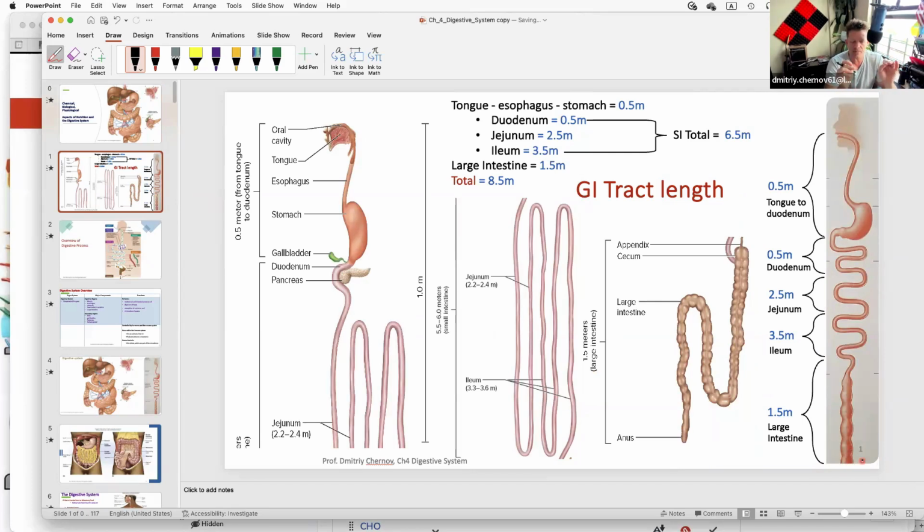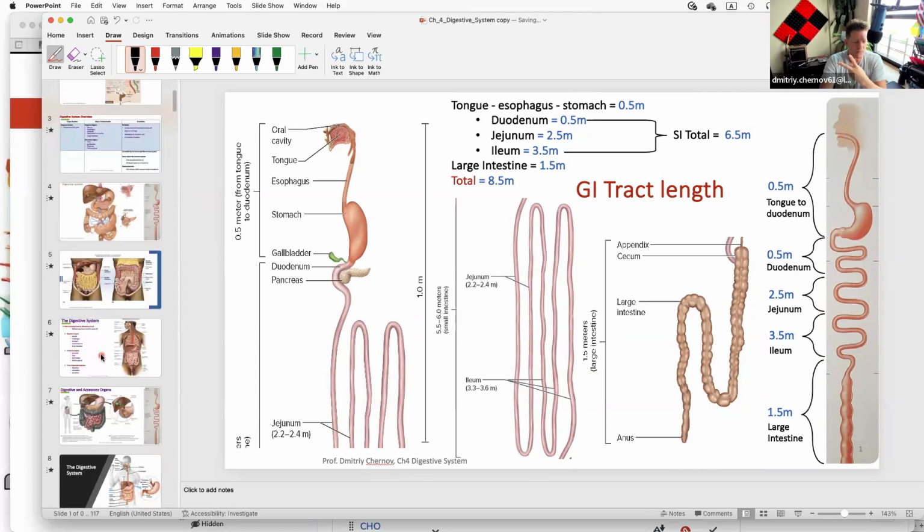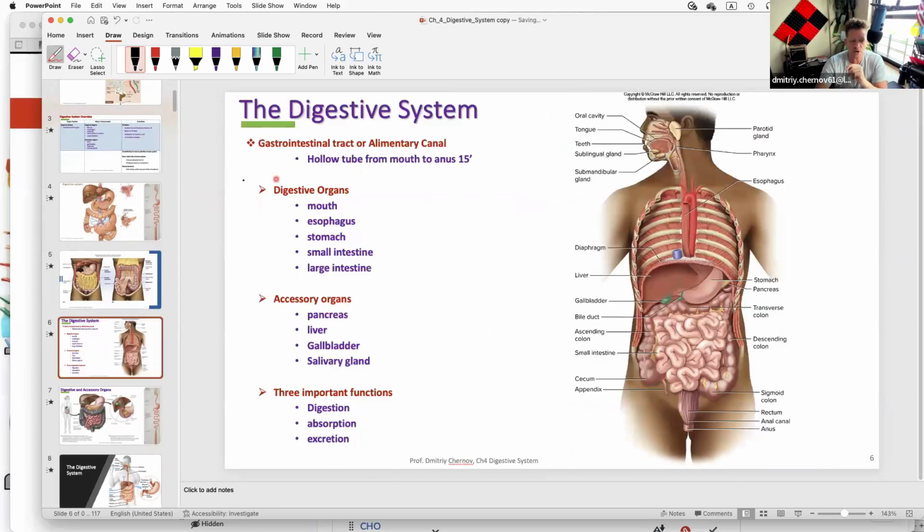The digestive system is broken down into two domains. If I jump to slide number 6, that slide gives you the entire anatomy of the digestive system, and this is kind of the physiology, what it does. So the digestive system includes digestive organs, 5, and accessory organs, 4.